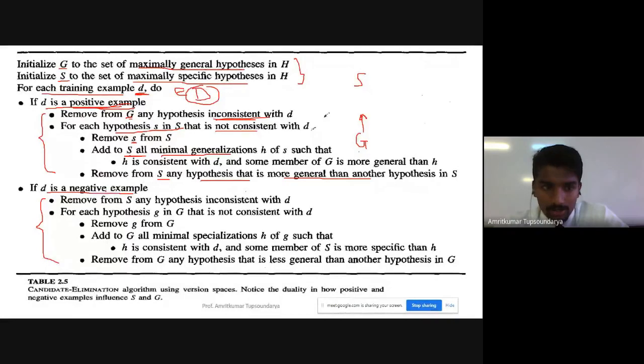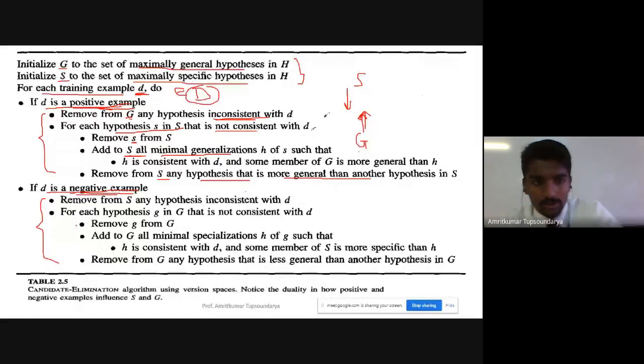And at the same time, when we encounter a negative training example, we are going to remove the most specific hypothesis and move downwards to more generality. So that is what you all have to remember: when we encounter a positive example, we move towards specific, and when we encounter a negative example, we move towards more general, right?